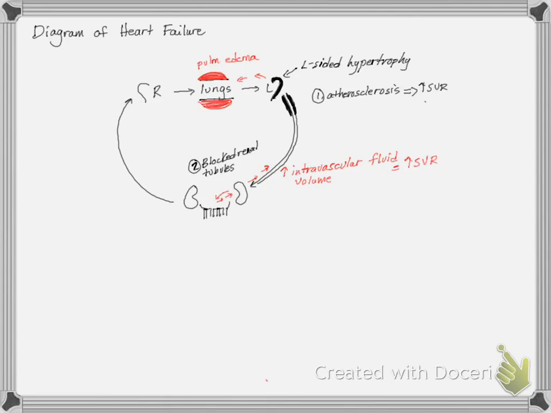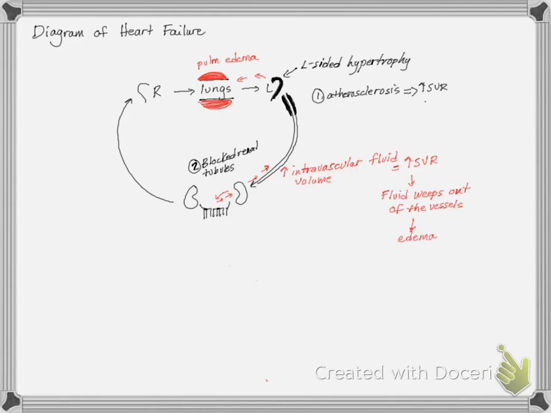So then you have fluid that's weeping out of the vessels. It weeps. And that weeping out of the vessels is what causes the edema.